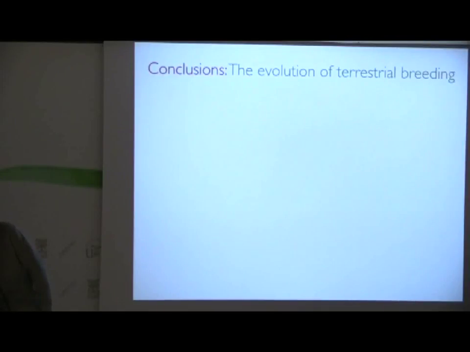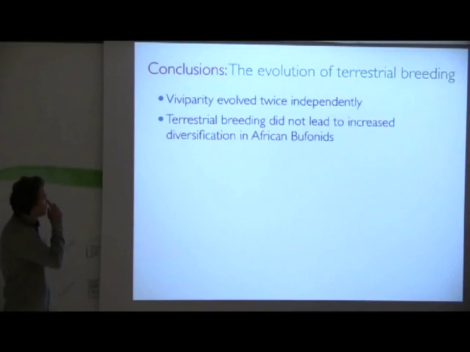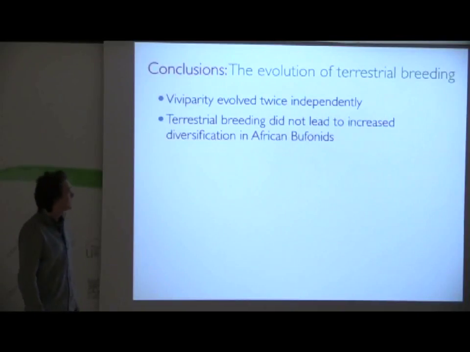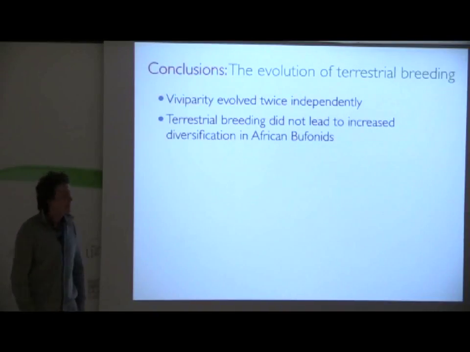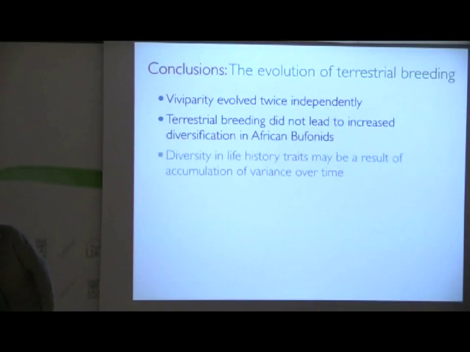So just to summarize what we could find for bufonids, viviparity evolved twice independently, so that was a neat little nugget that we came across along the way. Terrestrial breeding didn't lead to an increase in diversification in African bufonids.